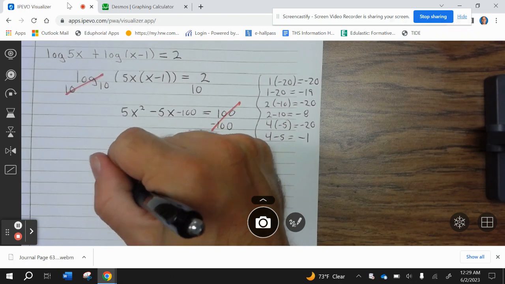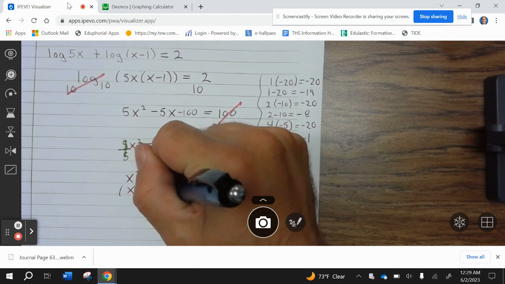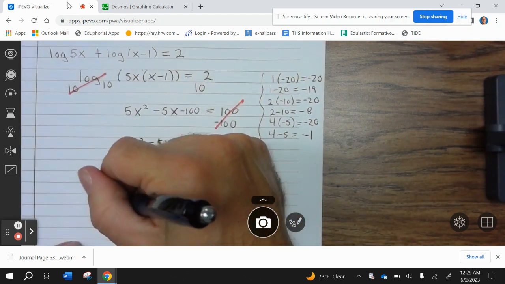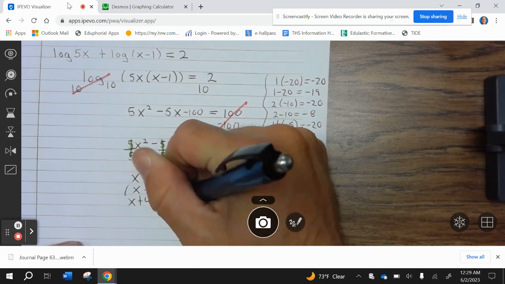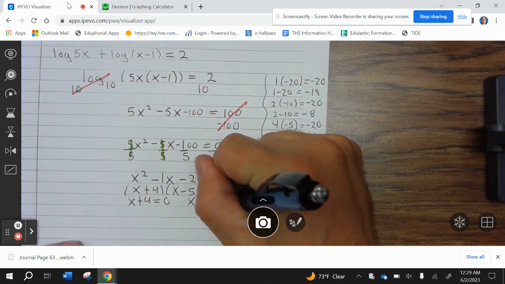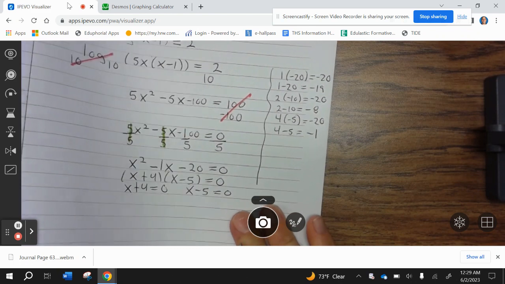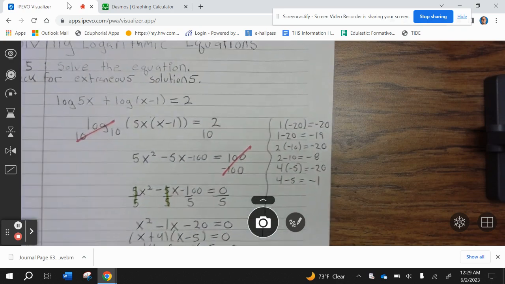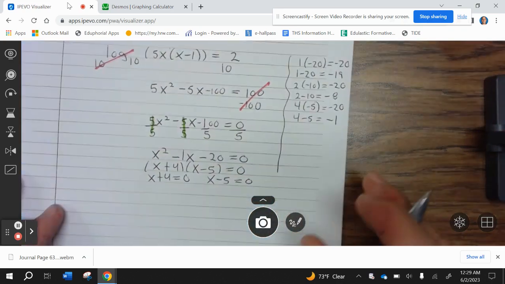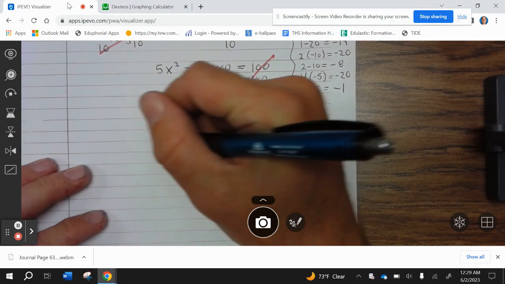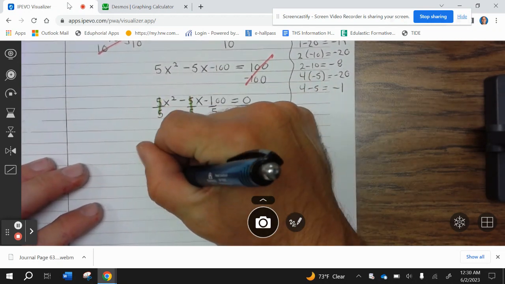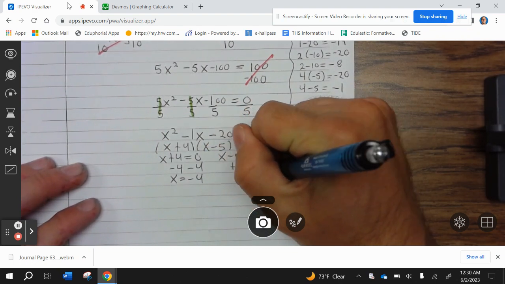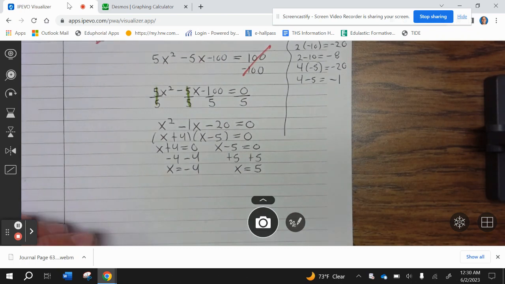So we have our factors: x plus 4, x minus 5 equals 0. So x plus 4 equals 0, x minus 5 equals 0. Subtract 4 from both sides: x equals negative 4. Add 5 to both sides: x equals 5.